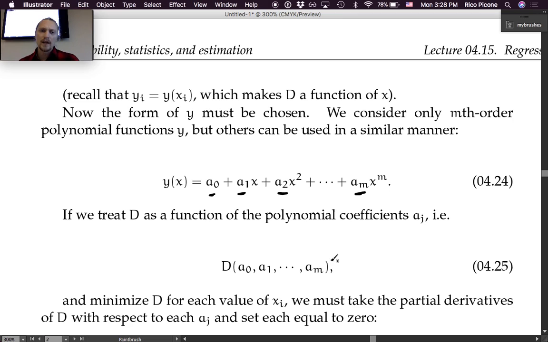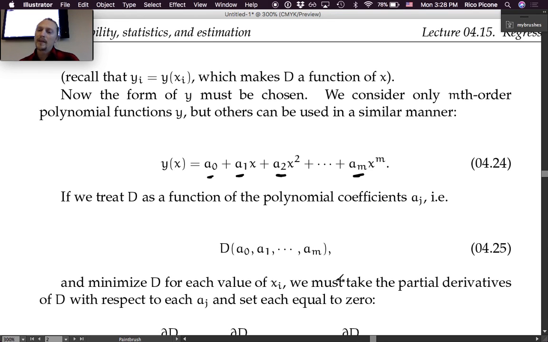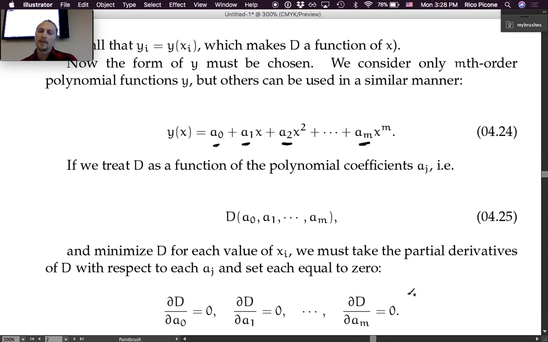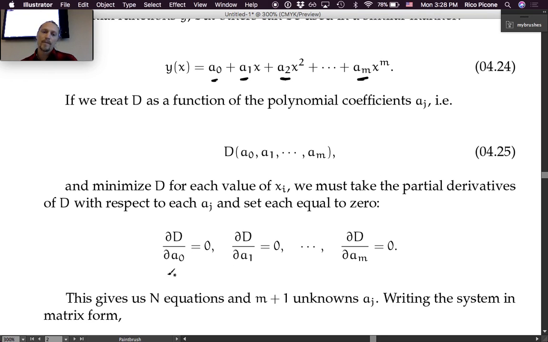So if we treat D as a function of the polynomial coefficients now, a0 through am, and minimize D for each value of xi, we must take the partial derivatives of D with respect to each a value, okay? So you take the partial of D with respect to the first coefficient, partial with respect to the other coefficient, all of those partials.